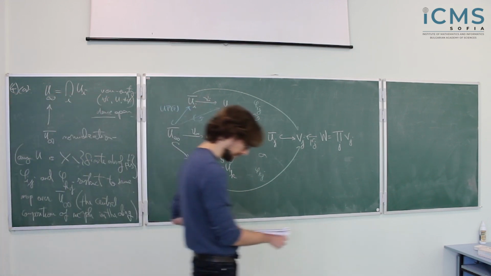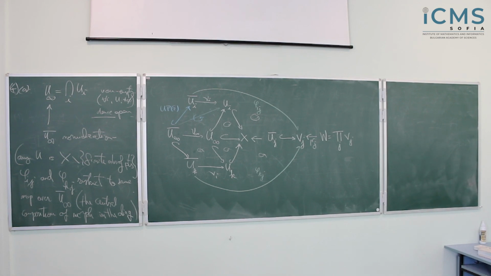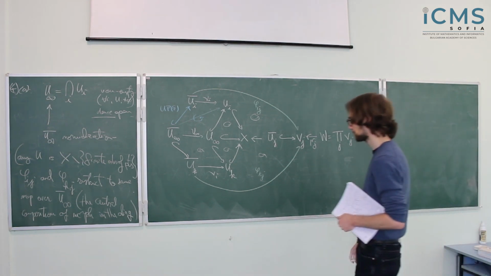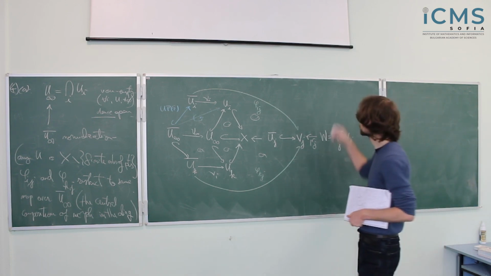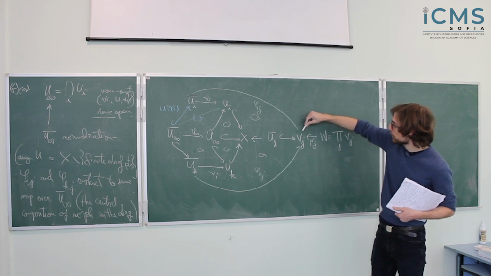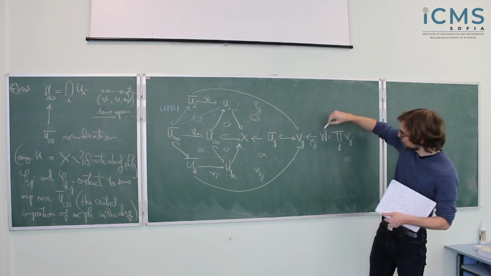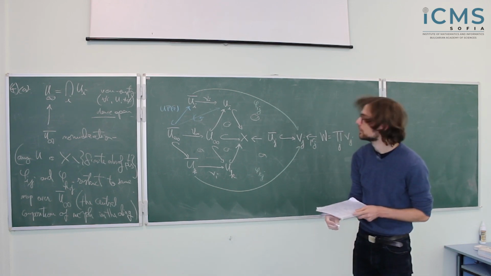Okay. So if all of them correspond to each other, we can actually compound them together to obtain the general morphism to W. Let's see if I can have a different color.